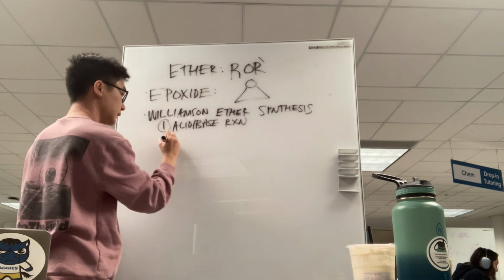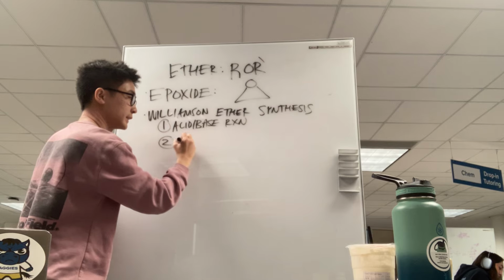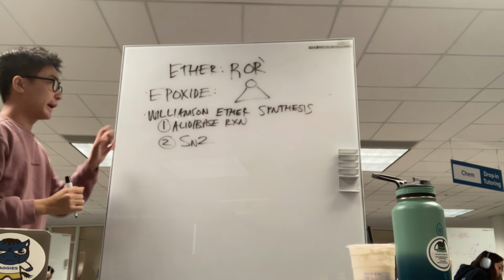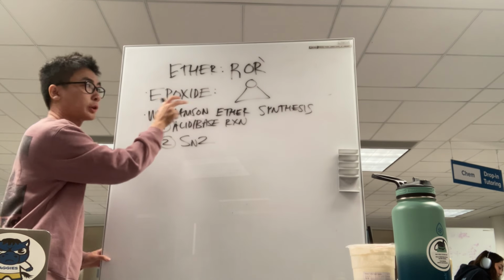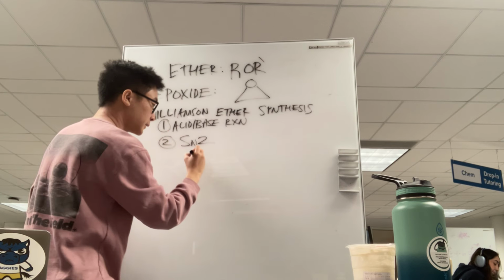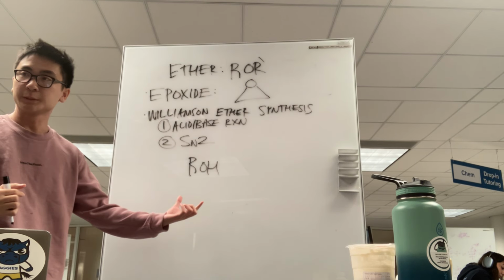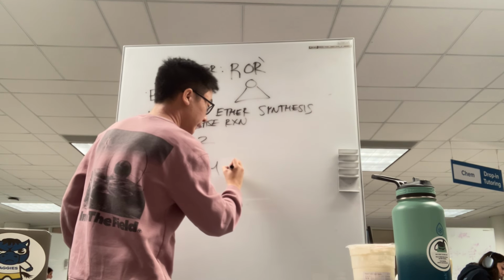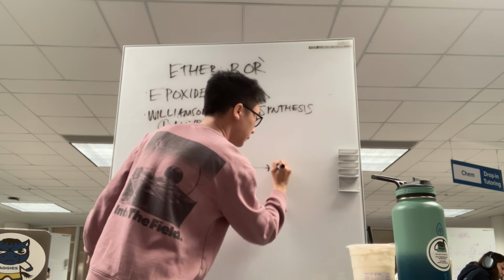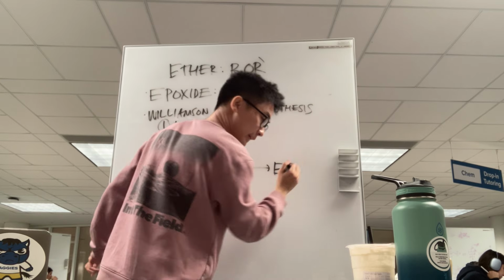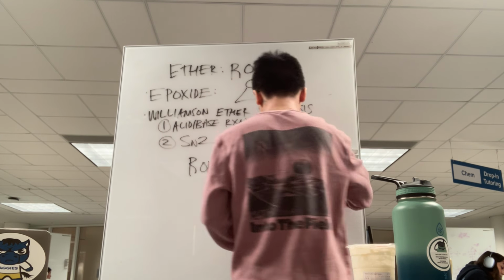The second reaction is going to be an SN2 reaction. Okay? And the starting molecule for Williamson ether synthesis is going to be an alcohol, which I'm going to abbreviate as ROH, right? And then we're going to get an ether, which is ROR.